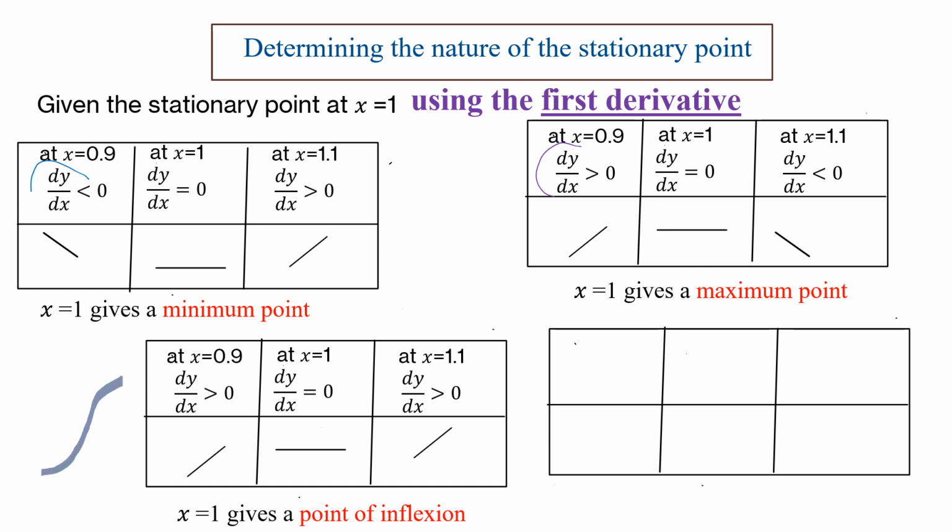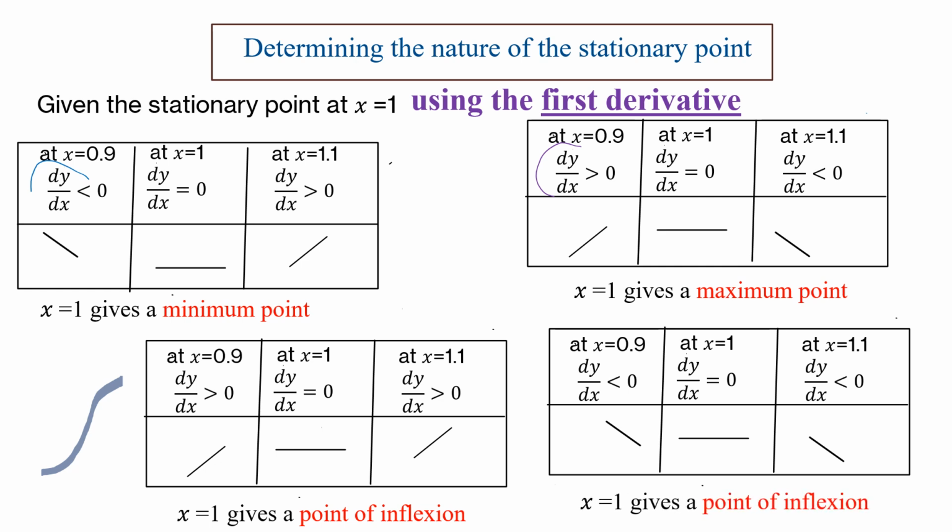It can also be that both of them are negative on the left and on the right, and the curve will look like this if we were to join them.